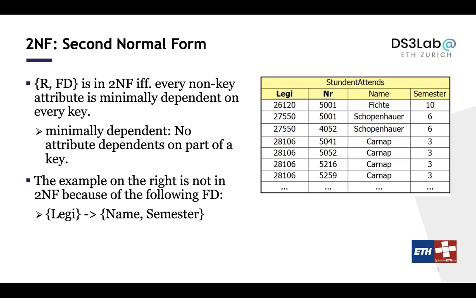To make that more concrete, let's look at this example. You have your student attends lecture: you have the ID of the student, you have which lecture the student is taking, you have the name of the student, you have which semester the student is in. If a student took 4 lectures, you are going to see 4 tuples here. 28106, this is one student. This student took 4 courses. So you can see there's a functional dependency from the ID to the name and semester.